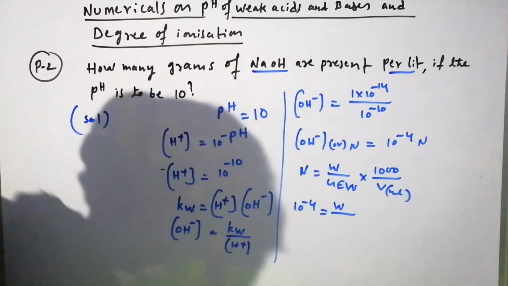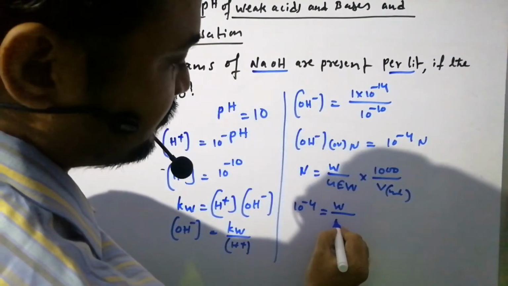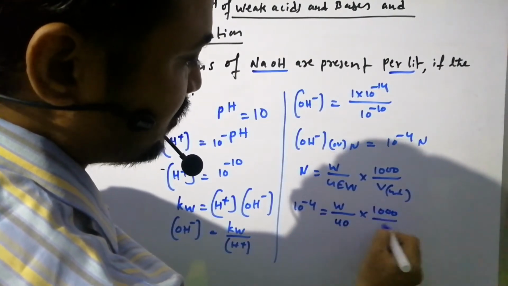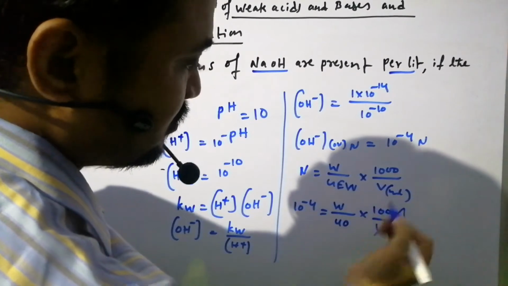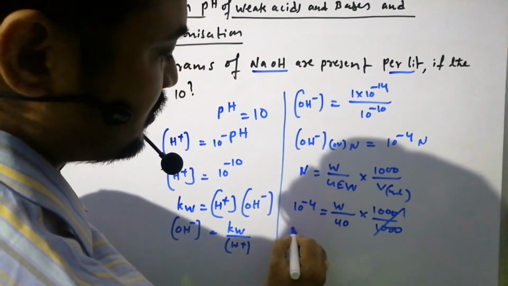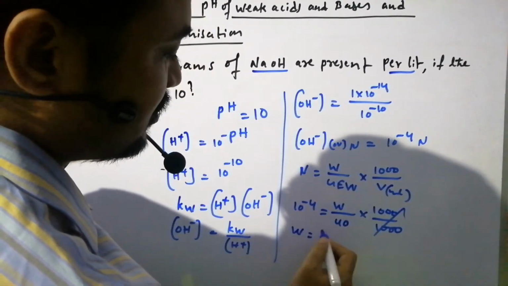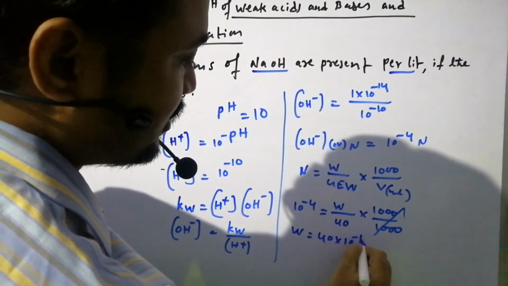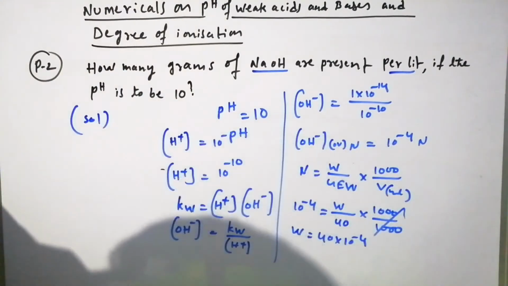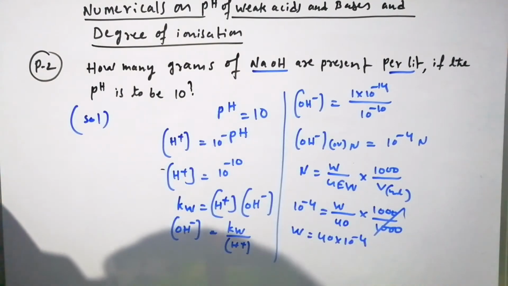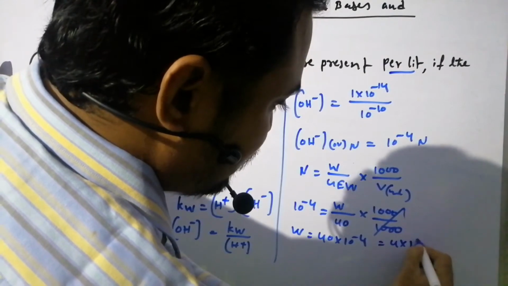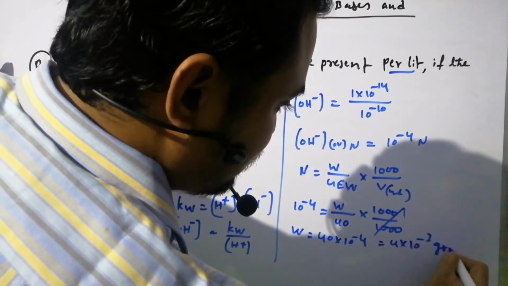Sodium hydroxide gram equivalent weight is 40, into 1000 by 1000. Both are cancelled. Weight of the substance is equal to 40 into 10 power minus 4. That is equal to 4 into 10 power minus 3 grams.